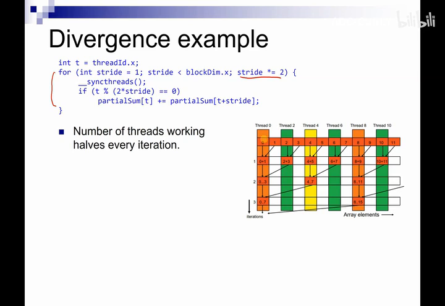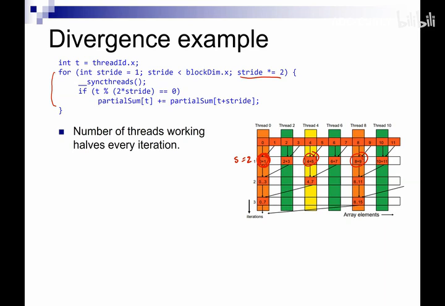Initially, when the stride is 1, you want to take threads 0, 2, 4, 6, 8. When the stride is 2, then you have threads 0, 4, 8, and so on, doing the addition.